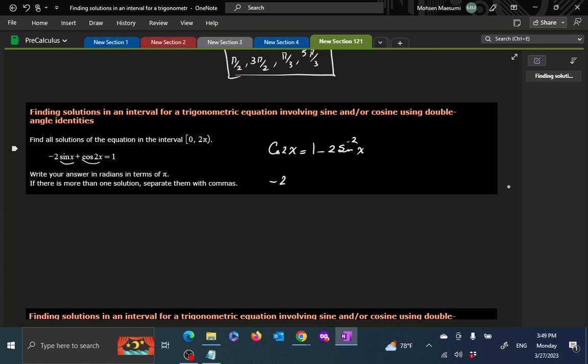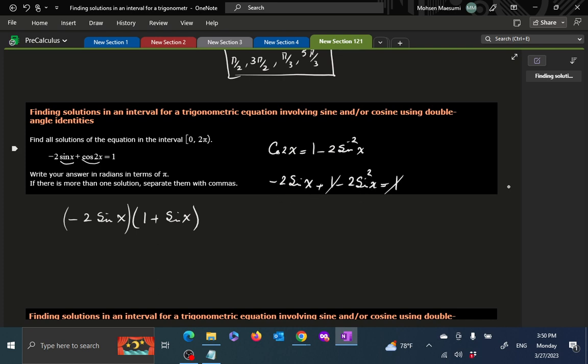So minus 2 sine of x plus 1 minus 2 sine square of x is equal to 1. Ones cancel out. I can factor minus 2 sine of x from whatever is left. Okay, minus 2 sine x can be factored.